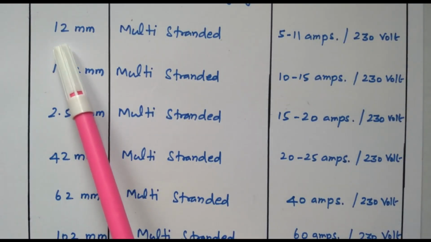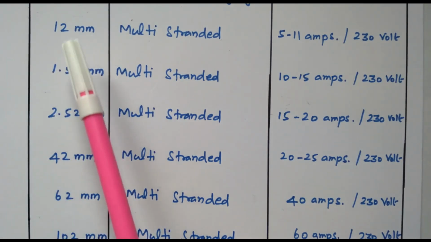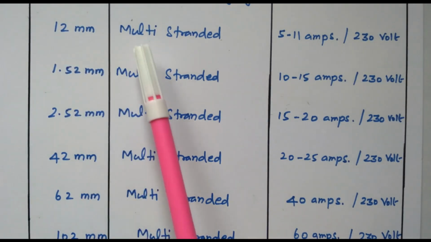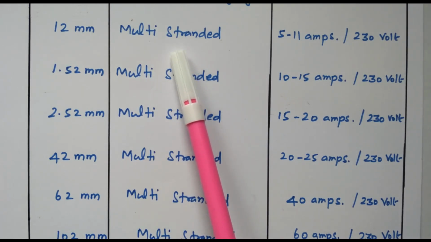The size of the conductor is given as 1.2 millimeter, the thickness or radius. This comes under multi-stranded. Multi-stranded means n number of coils of that thickness are available.